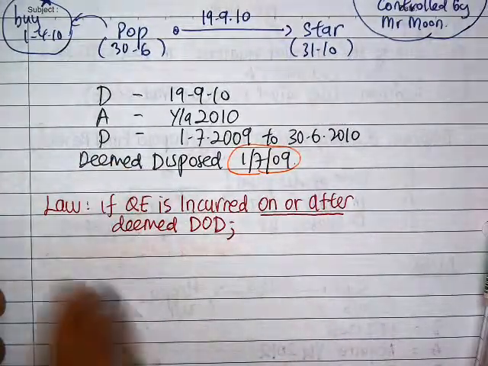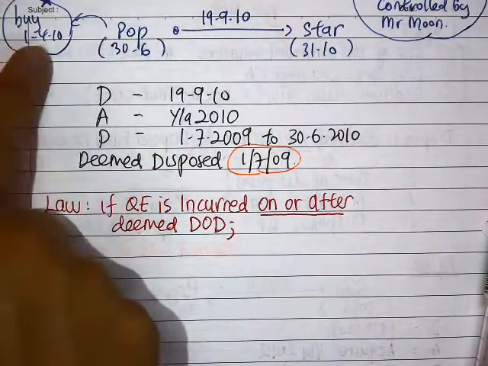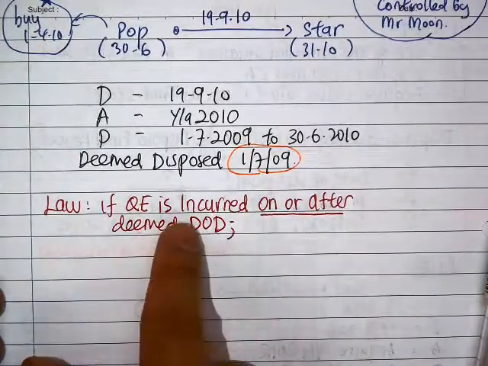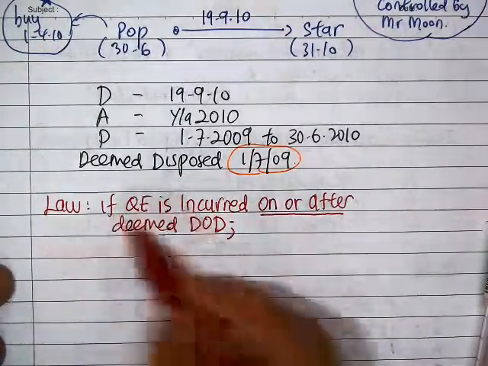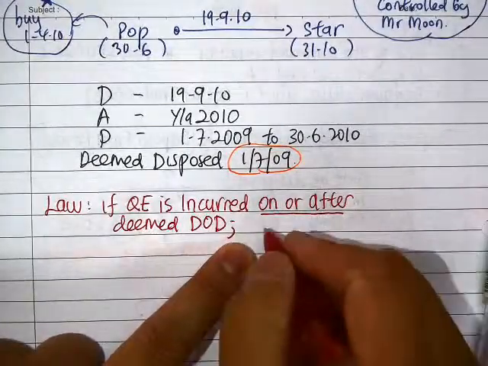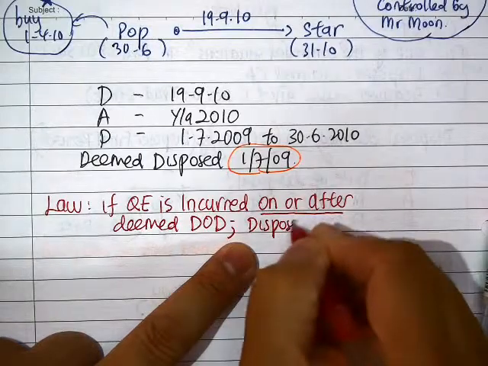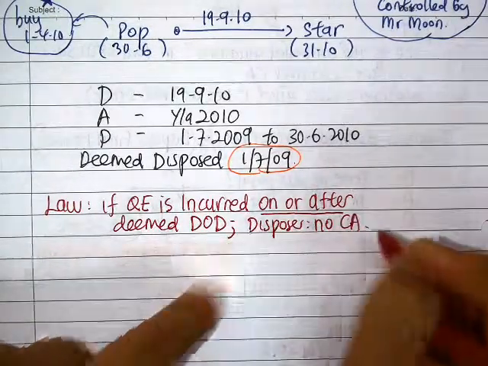Incurred 1st of April, after 1st of July. So incurred after the deemed date. So if it's incurred on or after the deemed date, then the disposer will have no CA.